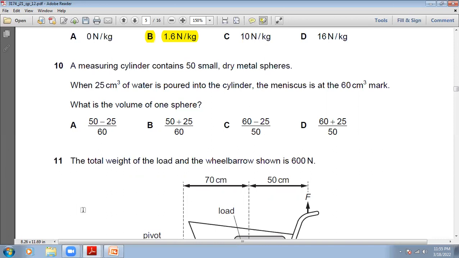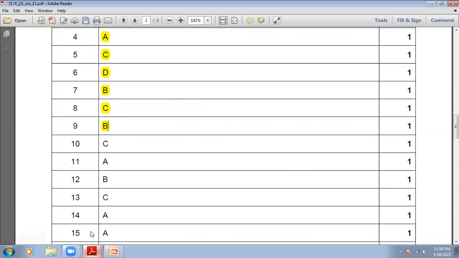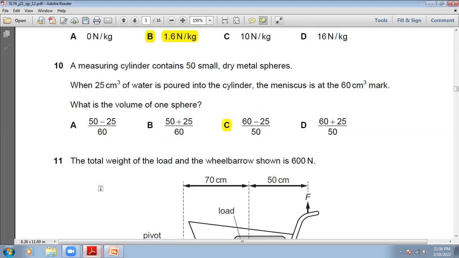Because the volume of the water has changed from 25 to 60 centimeter cube, the volume of the 50 spheres will be 60 minus 25. And if you want the volume of one sphere, you divide this by 50. So question number 10, I think C is the choice.